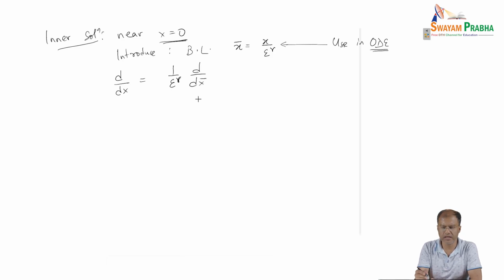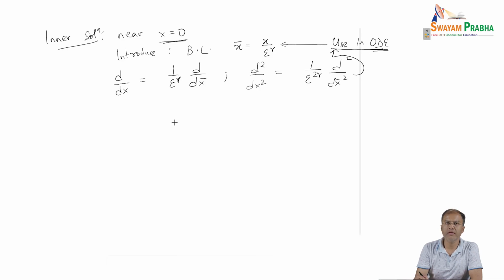That is the relation between the derivative in the old variable and the derivative in the new variable. Similarly, the second derivative is related by epsilon to the power 2 gamma times d squared by dx bar squared.